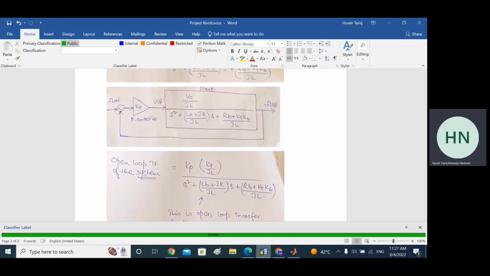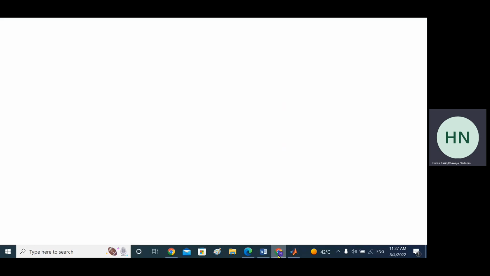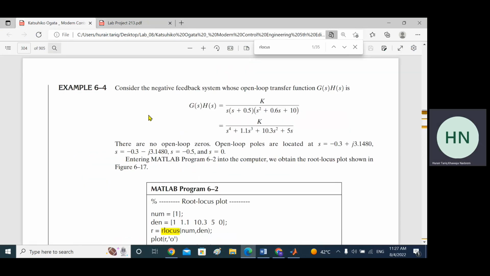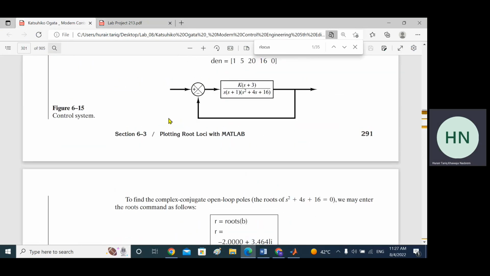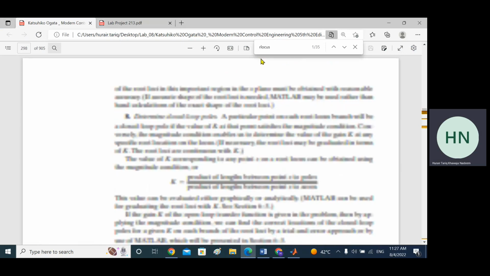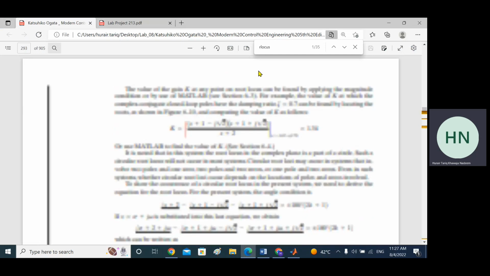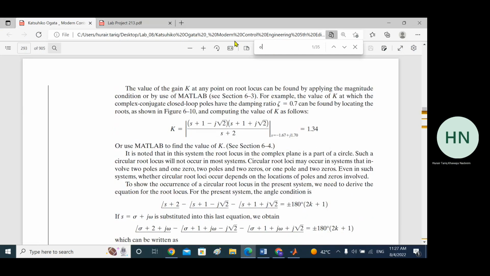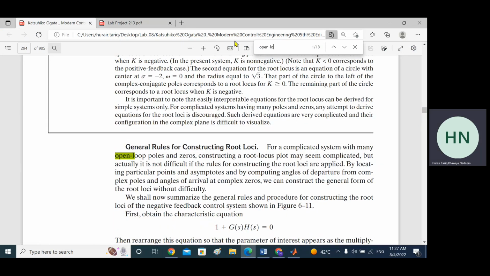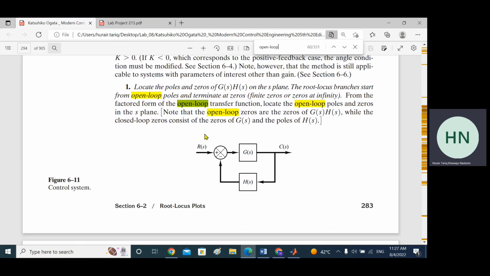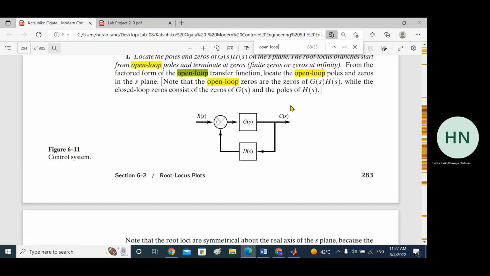Now if you come back to Ogata, you are going to see what an open loop system actually is. Over here it tells you what an open loop system is.